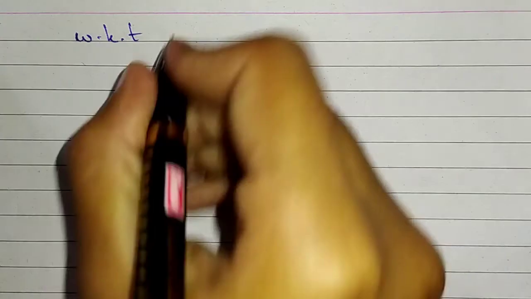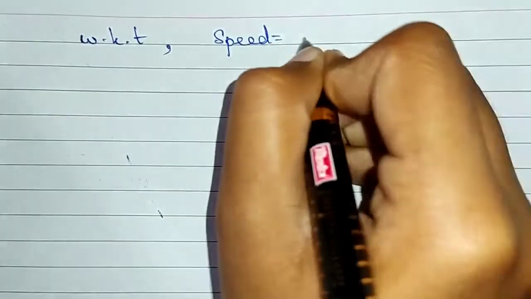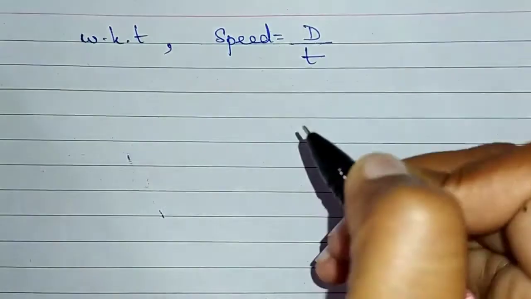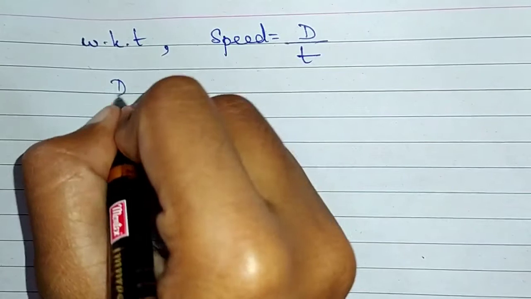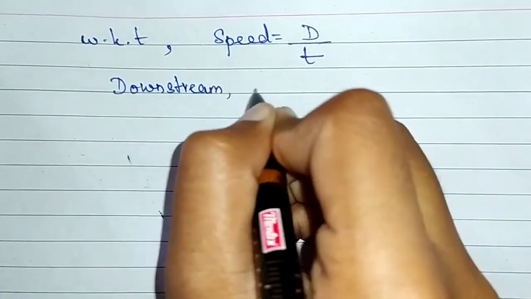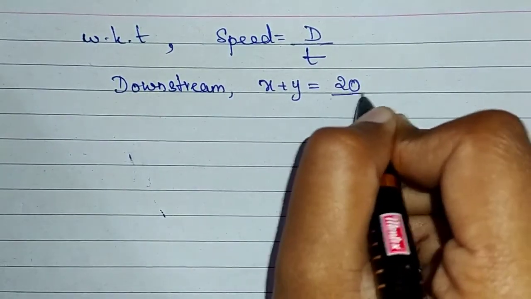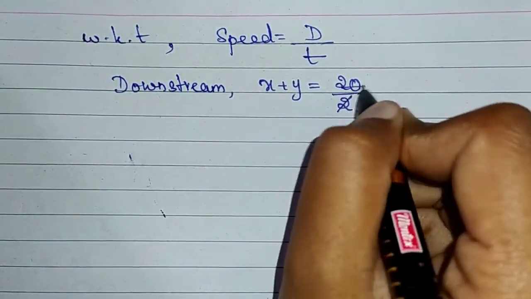Since she is rowing downstream once and upstream once, we don't have to follow the previous equation methods. We know that speed is equal to distance by time. So downstream speed x plus y is equal to the distance traveled, 20 kilometers in 2 hours. 2 tens are 10.